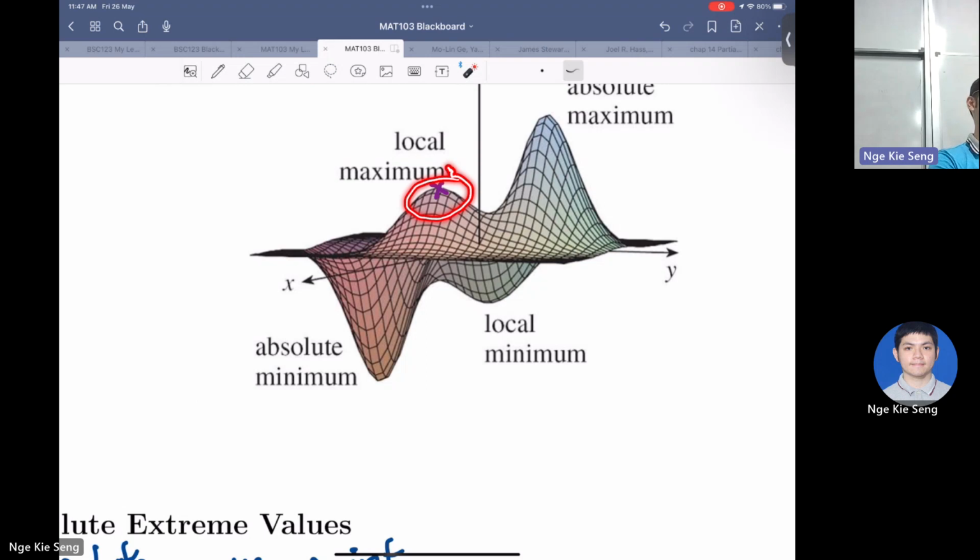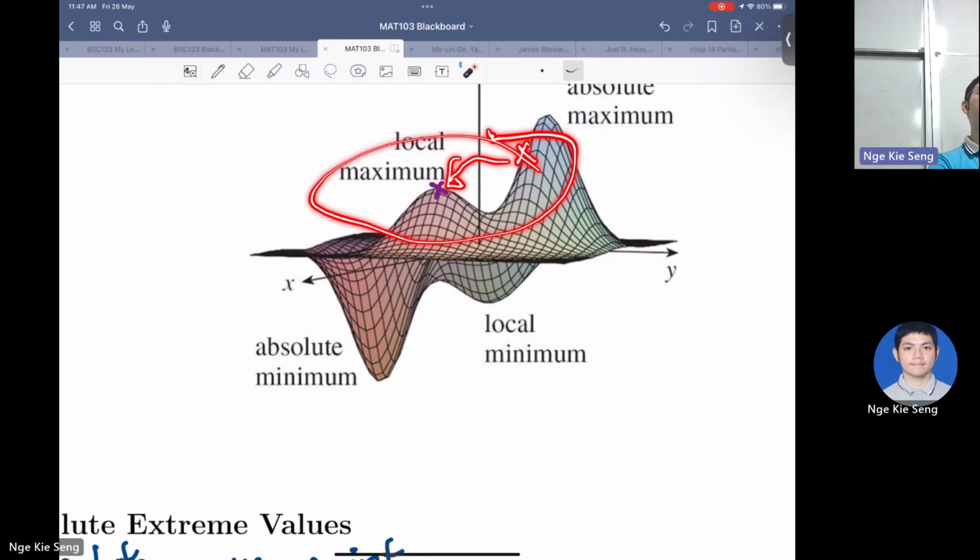If you take this big epsilon here, then this does not satisfy the local maximum value criteria, because you can find another point which is greater than this point.